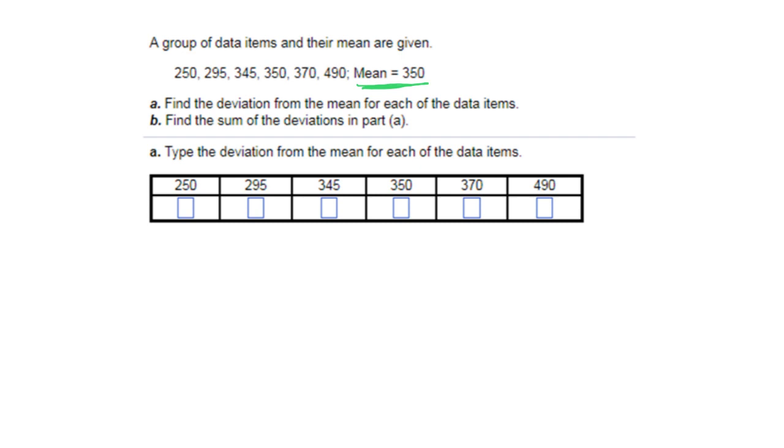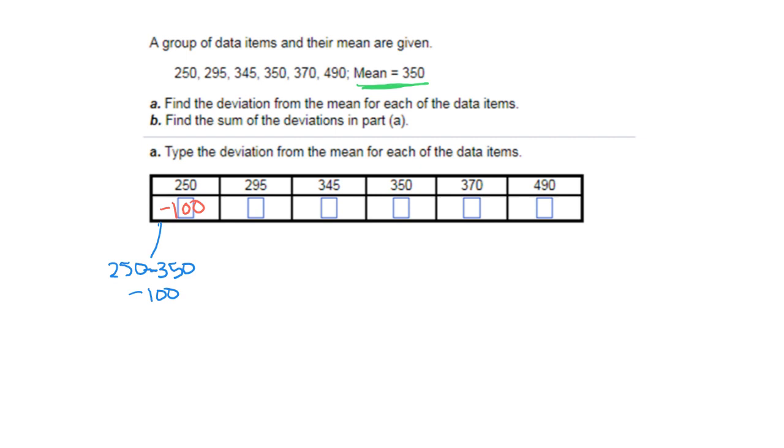So what we need to do is take this first value, 250, and subtract the mean, and the result is going to give me a negative 100. Right, so I have a negative 100.